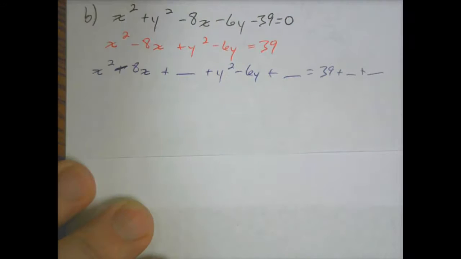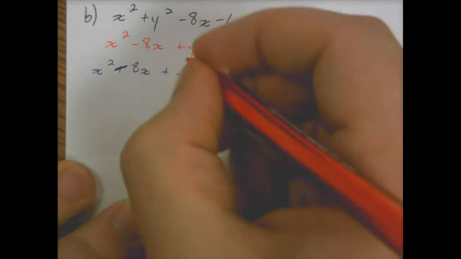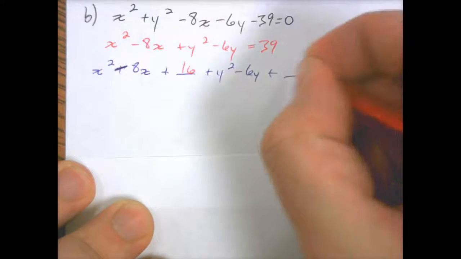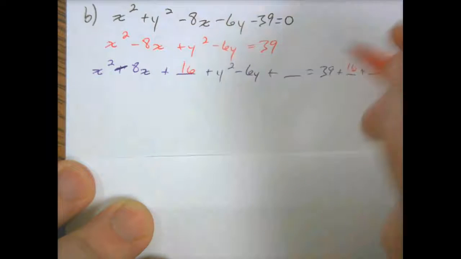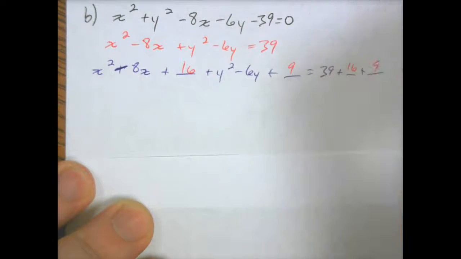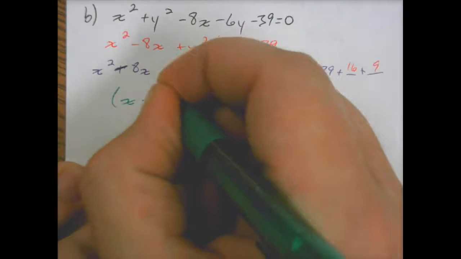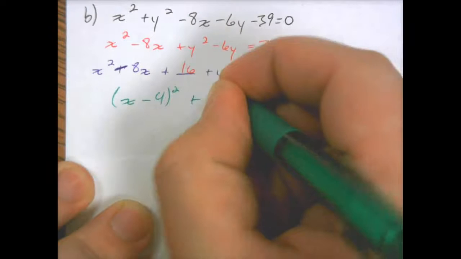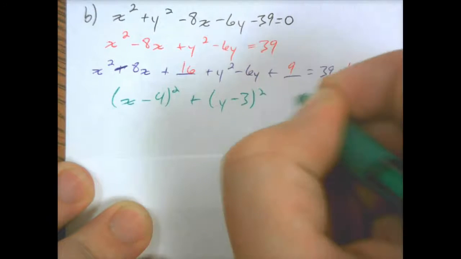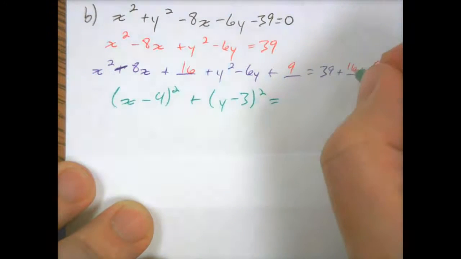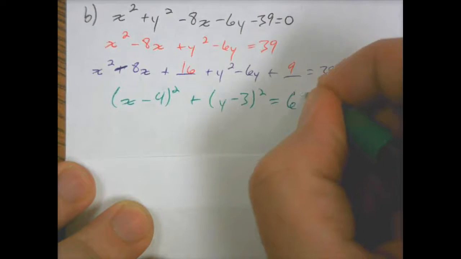Cool, didn't run out of room. So here, 8 divided by 2 is 4, so 16 and 16. 6 divided by 2 is 3, so 9 and 9. Add all of those up, factor, so (x minus 4) squared plus (y minus 3) squared equals 39 plus 16, so 39 plus 25, 64.